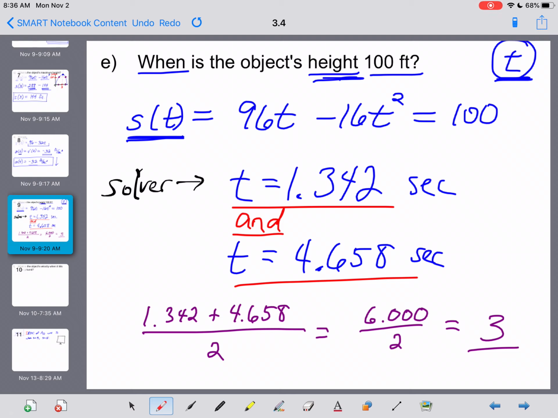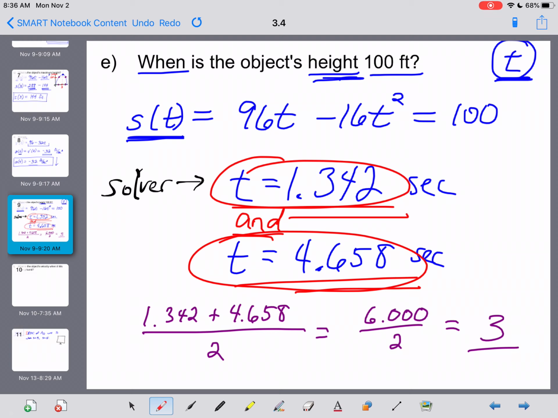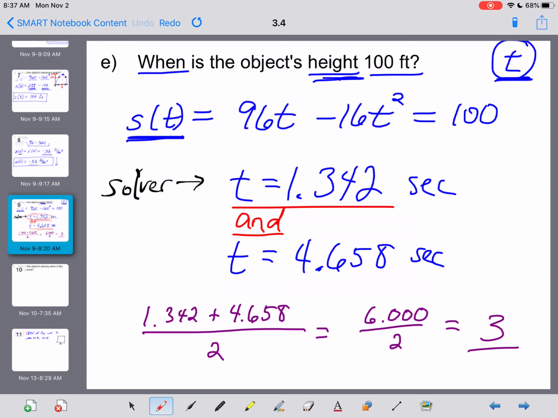You're telling me that this object will reach a height of 100 feet when its time is 1.342 seconds and 4.658 seconds simultaneously. And there is no value of time that satisfies this condition and this condition simultaneously. There's a difference between the word "and" as we use it in English and how we use it in math.